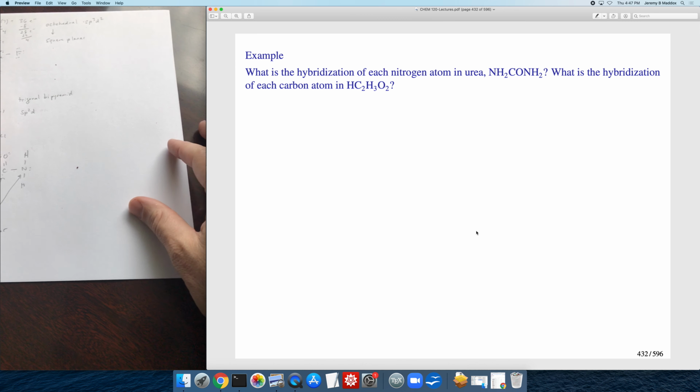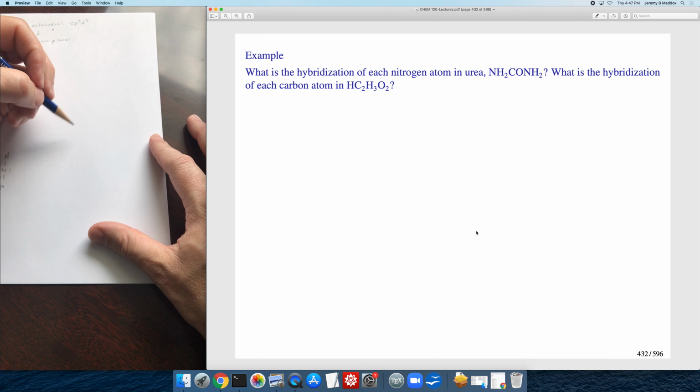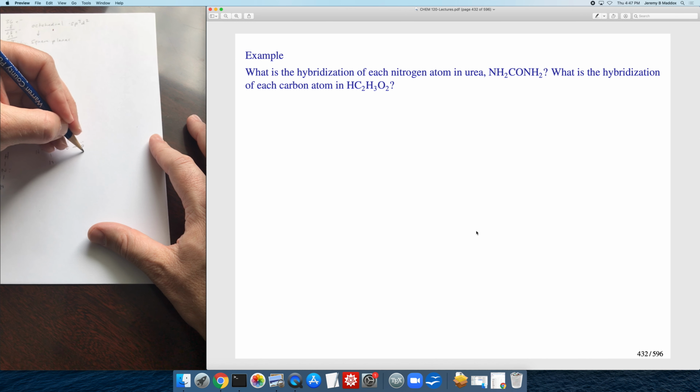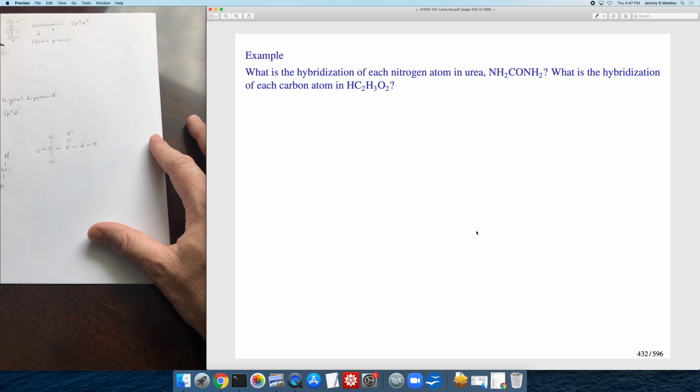For the acetic acid structure, this is the Lewis structure you get. Tetrahedron structure here, so this is sp3. This one, sp2.